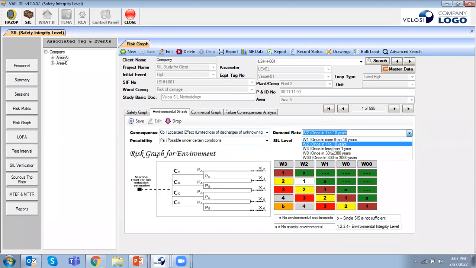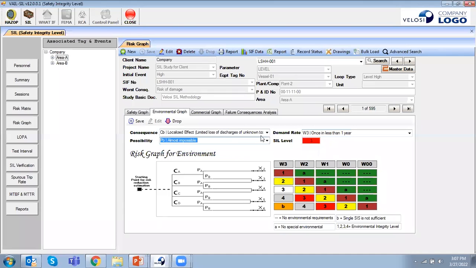If we increase the demand rate, SIL level will increase. So if we reduce the number of protections, SIL level will increase. So these are the parameters which we have to select for determining the SIL level by risk graph technique.